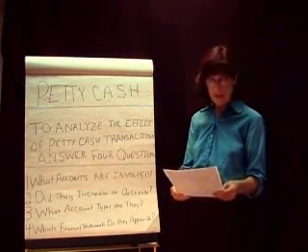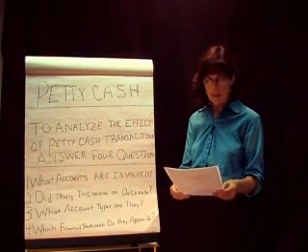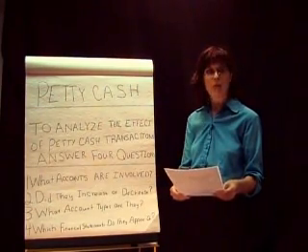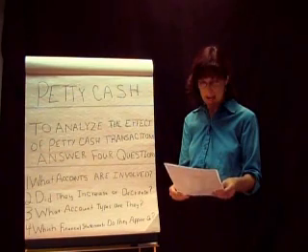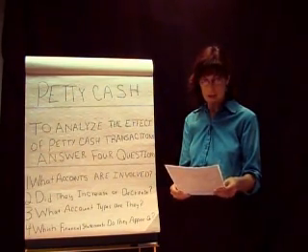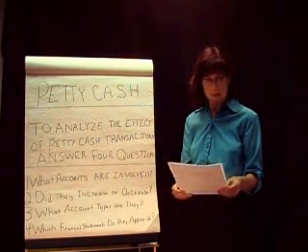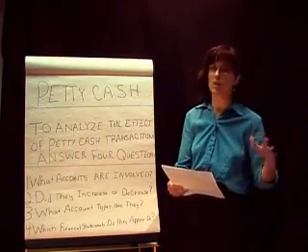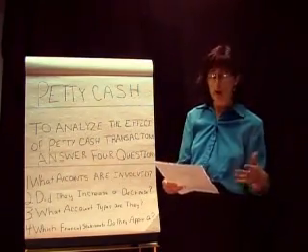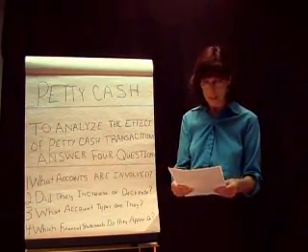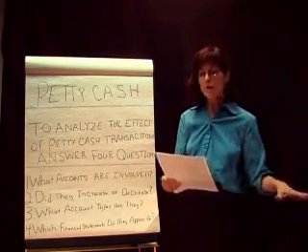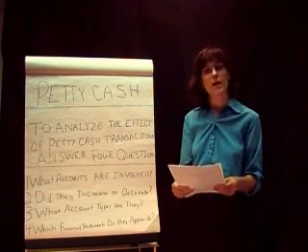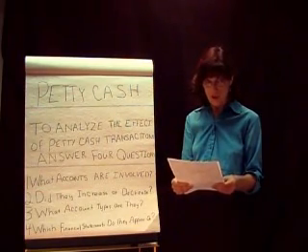Okay, the second transaction here, it says the amount in the petty cash fund is $315. So we started out with $1,000, and now we're down to $315. And so we're thinking we need to replenish the fund. You don't have to wait till there's just a penny left in the box to decide that you need to replenish it. What should also be in this box is a record of what that petty cash was spent on.